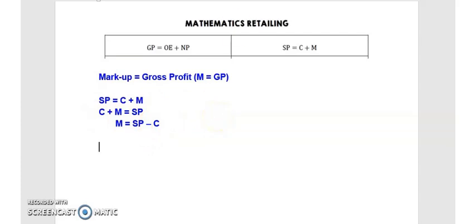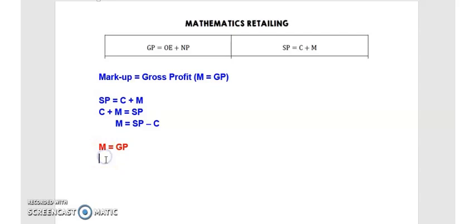Okay, next. We know that markup is also equivalent to gross profit. Markup equals gross profit. Now substitute the formula for markup and the formula for gross profit into this equation. So what is markup?